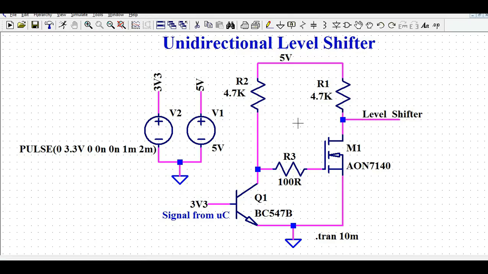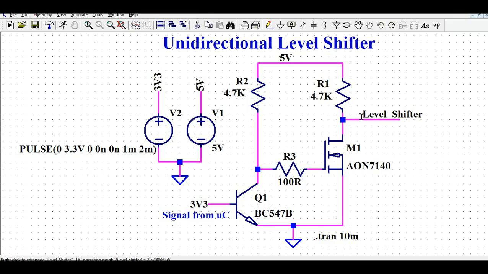If I quantify this, it is going to convert 3.3 volt to 5 volt, but not 5 volt to 3.3 volt. So it is a unidirectional level shifter, not a bidirectional level shifter. So understand this: your level has to be shifted from 3.3 volt to 5 volt, but not 5 volt to 3.3 volt.